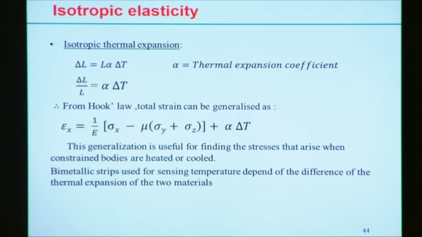So practically, in solid materials, if there is a thermal load, in the sense of a temperature difference, it produces some amount of strain, which is called the thermal strain.